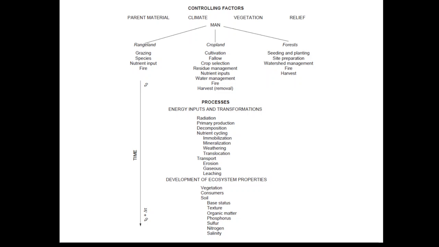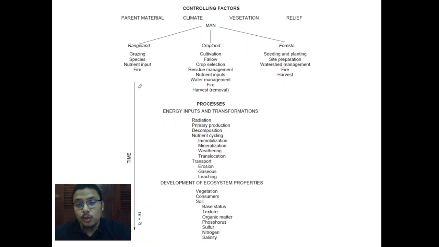These factors affect major ecosystem processes such as primary production, decomposition, and nutrient cycling, which led to the development of ecosystem properties unique to the soil type given its previous history.